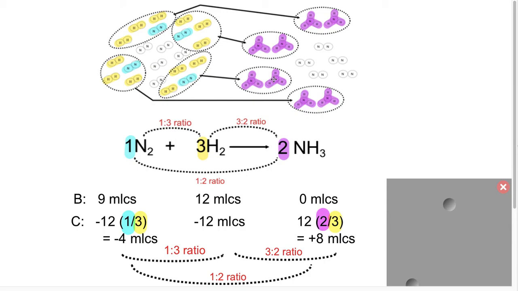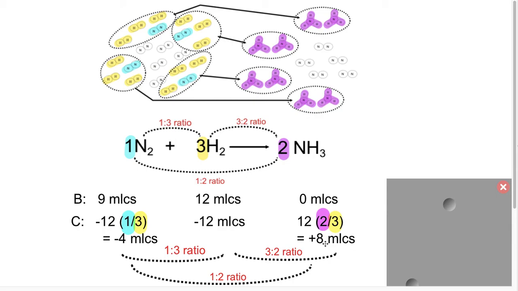So I'm going to have to use either a 2/3 or a 3/2 ratio. In this case, I chose to do a 2/3 because I know I need fewer NH3s in my equation than I need H2s. For every 3 H2s, I need 2 NH3s. So I need to multiply by a number that's less than 1. So 12 times 2/3 equals 8.